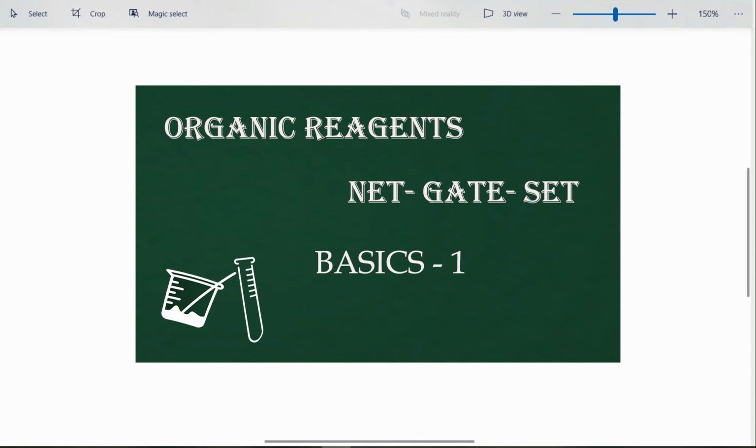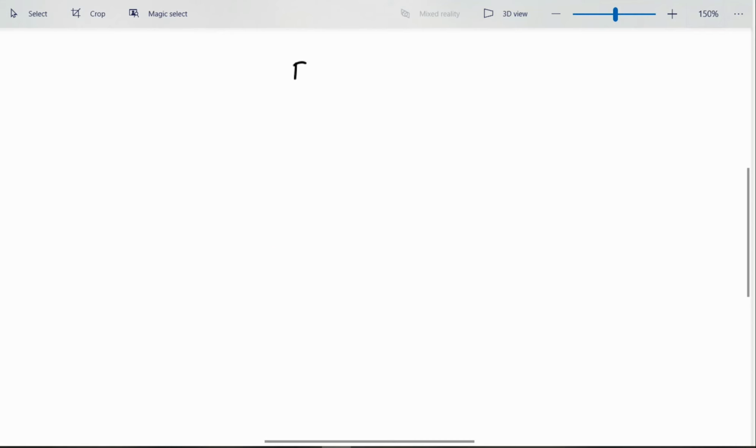Okay, so in order to start, let us discuss what a reagent means. A reagent is a molecule or a chemical compound which induces a certain change in a substrate in order to form a product. That is, if you consider a reaction, it has a reactant which gives us a product, right?